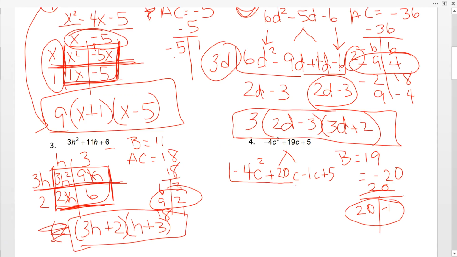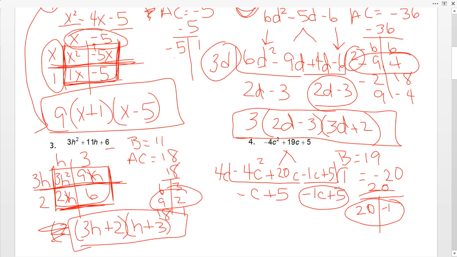Okay, greatest common factor is 4c. When I divide by that, I end up with negative c plus 5. And this other one I'm going to divide by 1, and I end up with negative 1c plus 5.